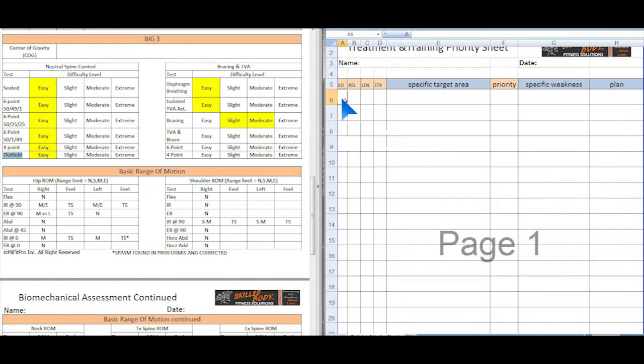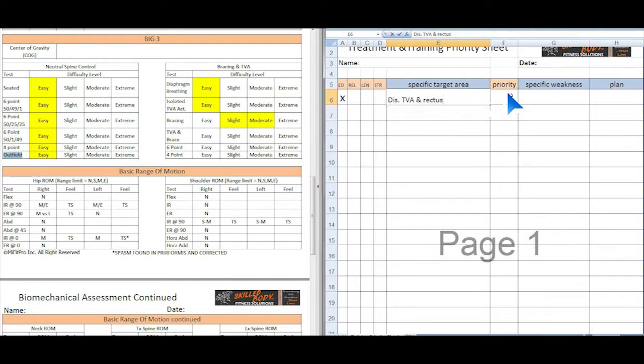So one of the things I would definitely put in here, we're going to educate to separate the TVA from rectus. So you can write it in whatever shorthand you want, but I put DES for dissociate TVA and rectus.